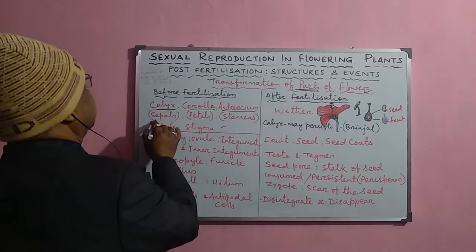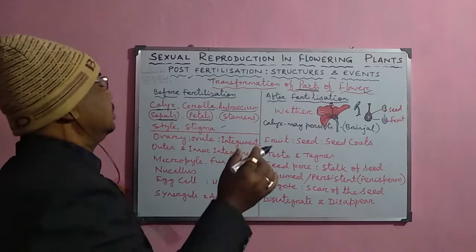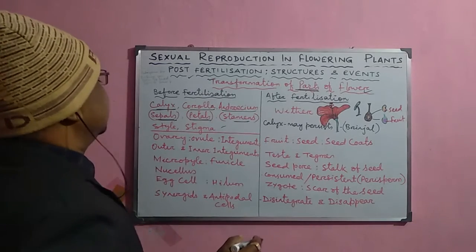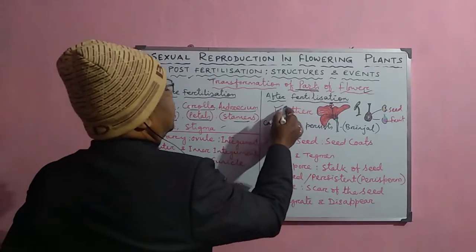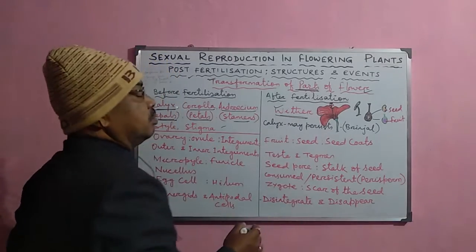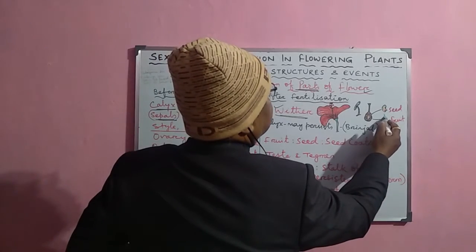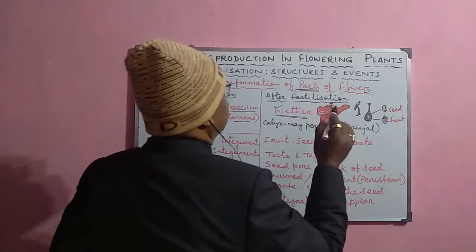Now calyx consists of a number of sepals, the corolla consists of a number of petals, and the androecium consists of a number of stamens. The sepals sometimes wither away totally after fertilization. But in some plants like brinjal, the calyx is persistent.